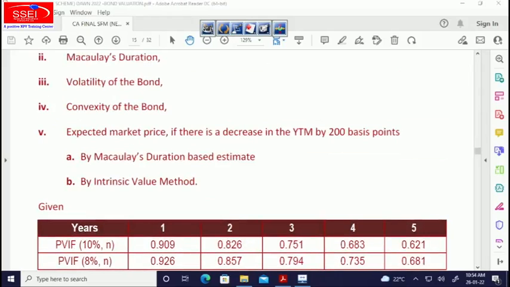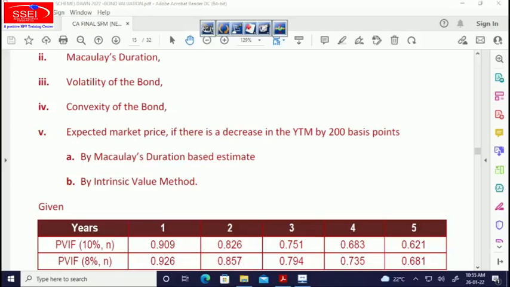Anyways, 5th part, expected market price if there is a decrease in YTM by 200 basis points by the Macaulay duration method, by the intrinsic value method. By the intrinsic value method means by discounting at 8%, we already got the price 10,204. So the part B answer is 10,204, which I calculated.